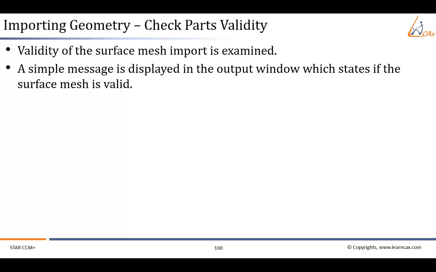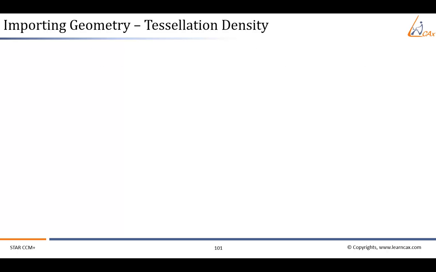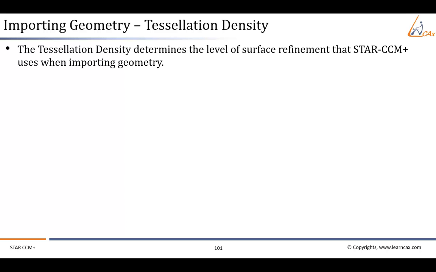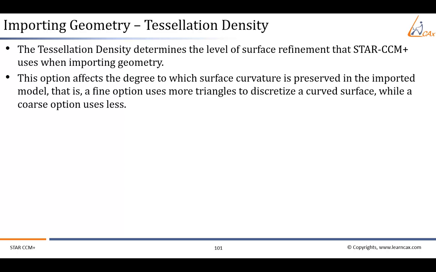Let us now discuss the Tessellation Density option. There are five tessellation density options ranging from very coarse to very fine, and a user-defined option. The tessellation density determines the level of surface refinement that STAR-CCM+ uses when importing geometry. This option affects the degree to which surface curvature is preserved in the imported model.